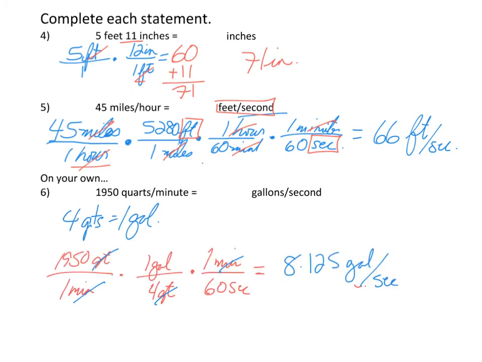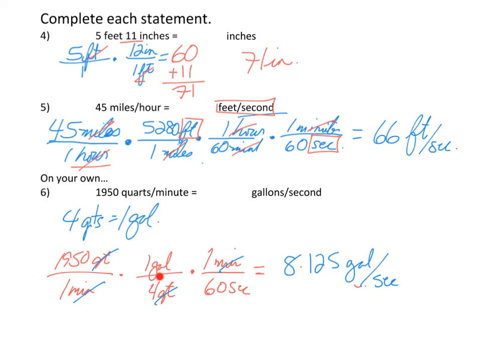All right, welcome back everybody. Hopefully you actually paused your video and did number 6 on your own for practice. If not, I'm going to go through it for you anyways. We had 1950 quarts per minute, so that means I did have a minute in the denominator on that one. So I wanted to cancel out my quarts, so I put my ratio of 1 gallon per 4 quarts right over here.